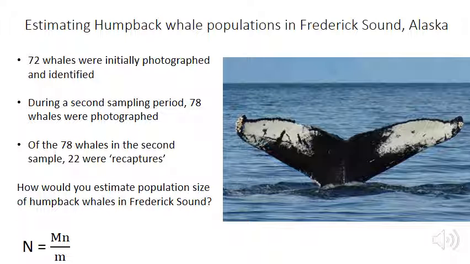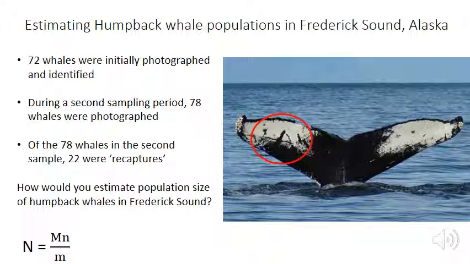In some cases, mark and recapture doesn't necessarily involve actually marking individuals. This is an example of the use of photo identification to estimate the populations of humpback whales in Frederick Sound, Alaska. Scientists look at whales as they surface and identify distinctive marks on individuals, and so they can identify individuals that way.